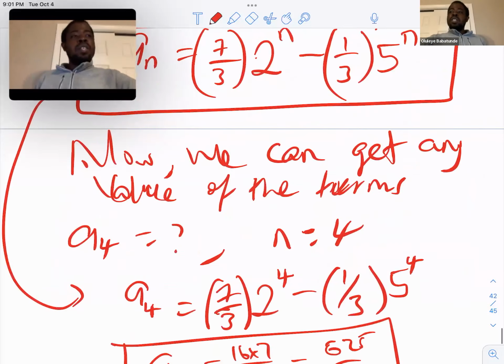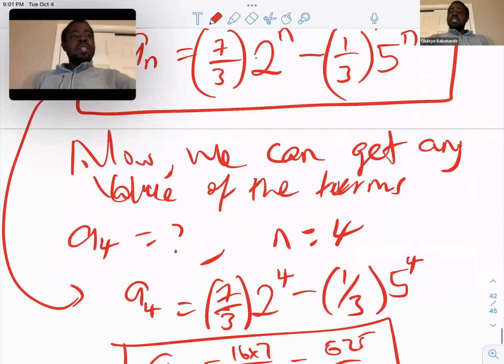So let's see an example. Example 2. Solve the relation a_n equals 6a_(n-1) minus 9a_(n-2) with initial conditions a_0 equals 1 and a_1 equals 4.